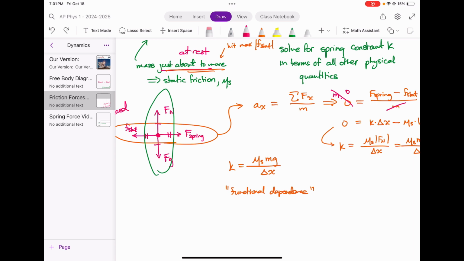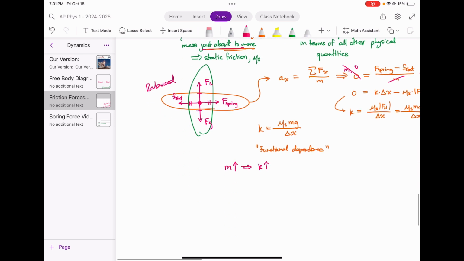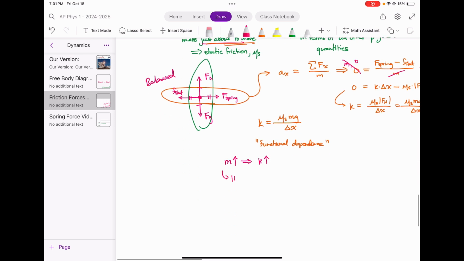So let's play around with this. If the mass increased, then looks like K would increase too. Does that make sense? Well, if the mass was bigger, that would mean a higher normal force, which would mean a bigger static frictional force, which would mean, hold on, my arrows are getting a little confusing here, which would mean we would have to have a bigger spring force, right?